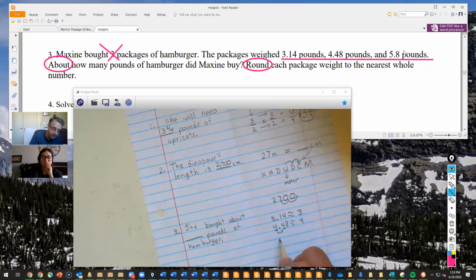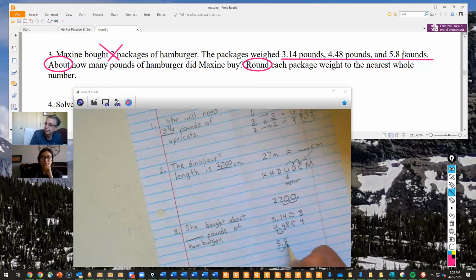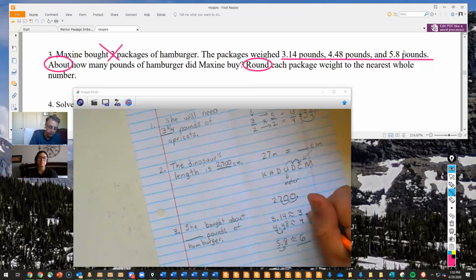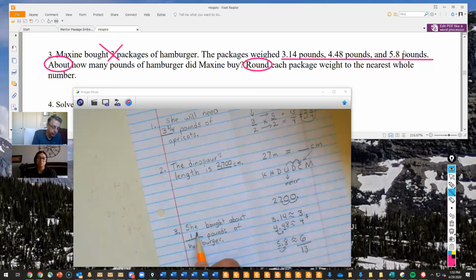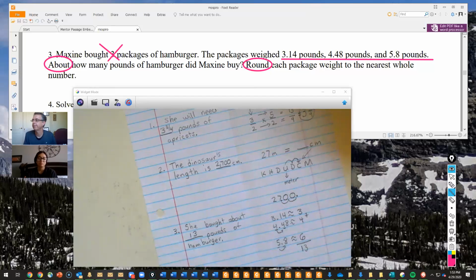And 5 8/10, I'm going to look at the 8/10, and that's going to make me move up to 6. So now I'm going to add these 3 whole numbers together. 3 plus 4 is 7, plus 6 is 13. So she bought about 13 pounds of hamburger. All right, great. Let's go on down to number 4.